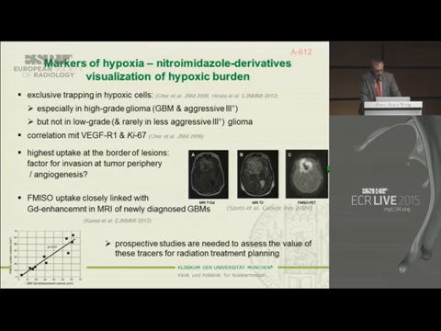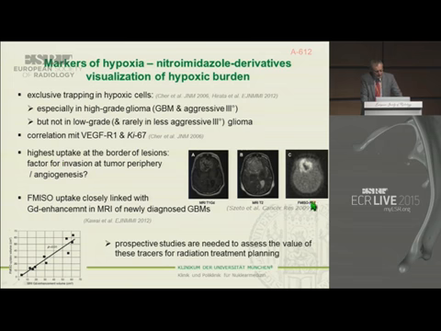And if you look at this, for instance, FF-meso, this is a tracer which is exclusively trapped in hypoxic cells. You see that this is mainly positive in high-grade glioma, glioblastoma multiforme, and grade 3 tumors, and not positive in low-grade tumor.